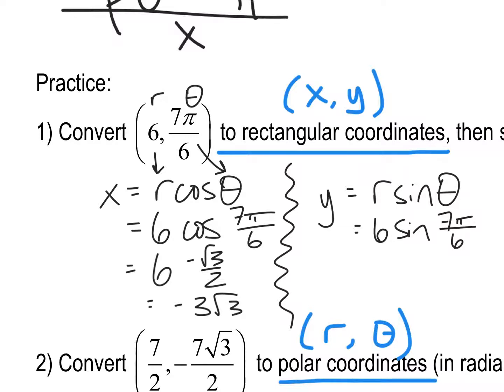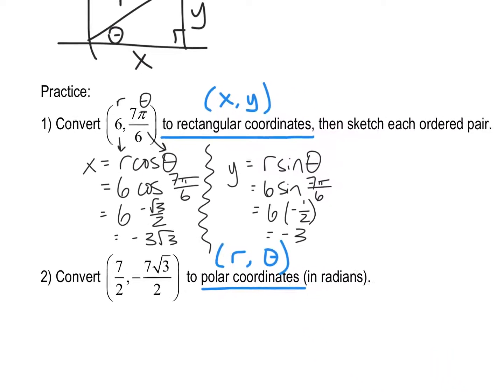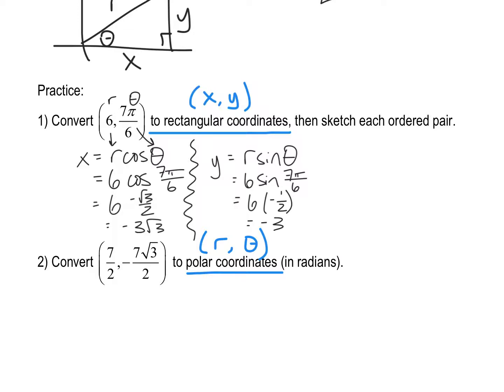Remember that 7 pi over 6 has the same reference angle, but that y value is actually negative 1/2. So my answer in rectangular coordinates in terms of x comma y is, my x value is negative 3 radical 3 and my y value is negative 3. And there's my final answer.